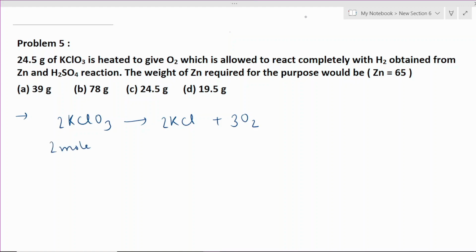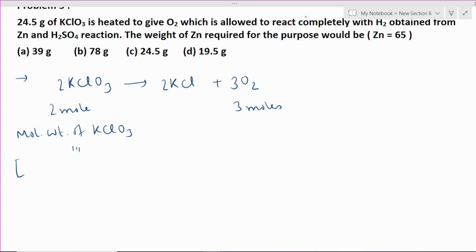So here you can see that 2 moles of potassium chlorate dissociate to give 3 moles of oxygen. The molecular weight of potassium chlorate: atomic mass of potassium is 39 plus 35.5 plus 16 into 3 gram per mole, that is 122.5 gram per mole.